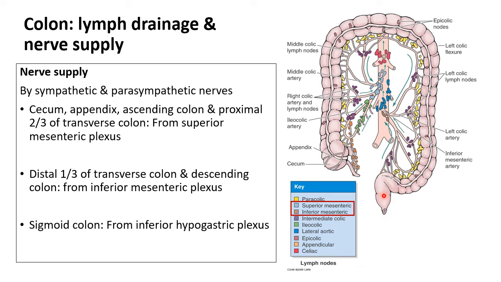Rectum and anal canal we'll do in the next slides, but at this point the sigmoid colon is supplied autonomically, including sympathetic and parasympathetic, by the inferior hypogastric plexus.